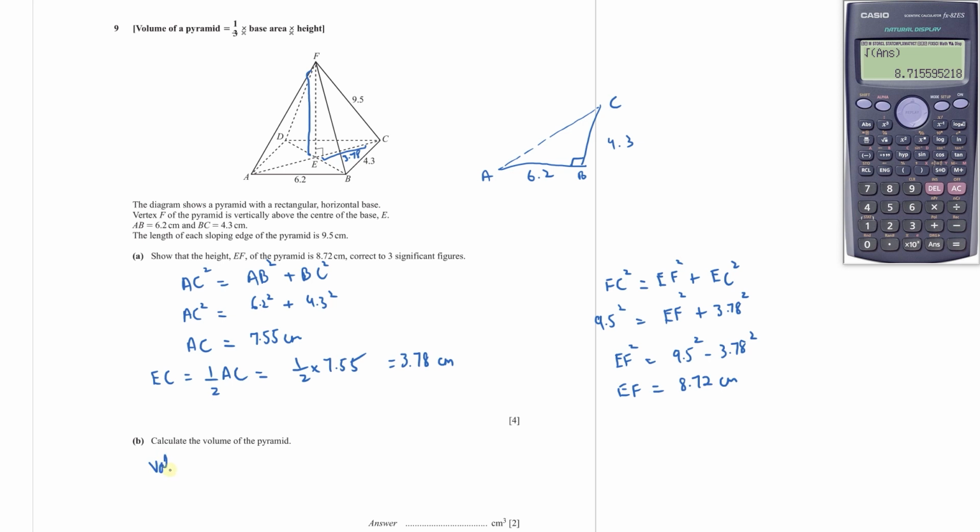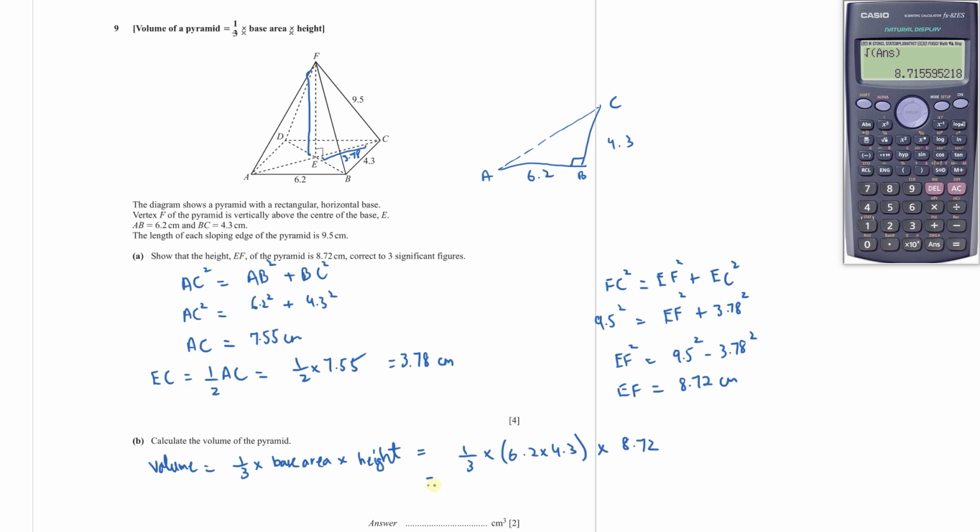So volume of the pyramid is given as 1 by 3 into base area into height. Base is a rectangle with length 6.2, width 4.3, and the height is EF, which is 8.72 centimeters.